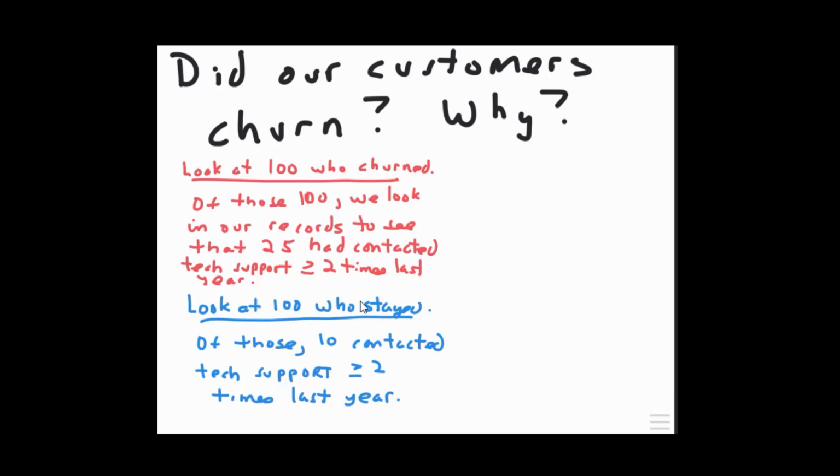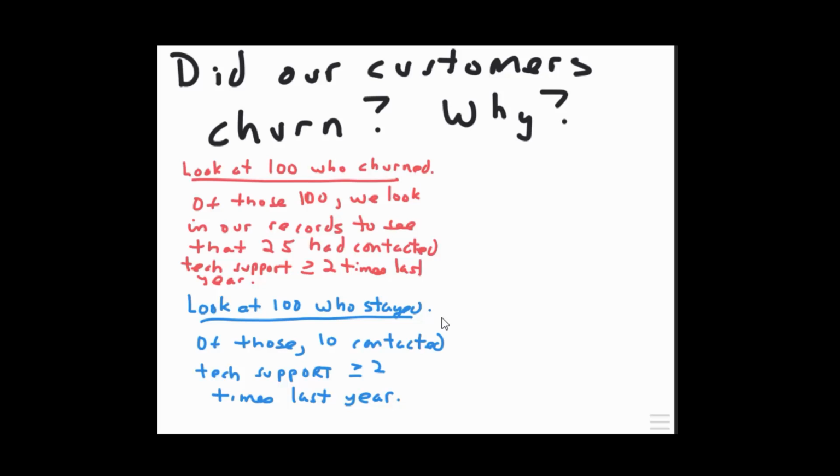Of those who stayed, only 10 contacted tech support at least 2 times last year. So we found that they have this outcome, and in this case, an outcome we would like for them not to have, churn. We look back at some factor. In this case, we've chosen something to do with technical support. And we've done that both for people that have churned and for another random sample of people who stayed. Again, this is a case control study.